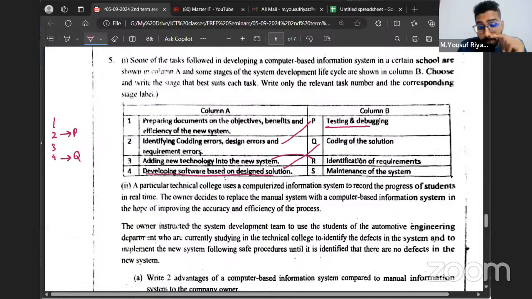Before I explain that, I'll explain S, then it will make more sense. In terms of maintenance of the system, do you plan on adding new technology in the maintenance stage, or do you get the new system's benefits and efficiency? You go and prepare a document about the benefit and efficiency. What do you think? Do you do that in maintenance or identifying requirements?